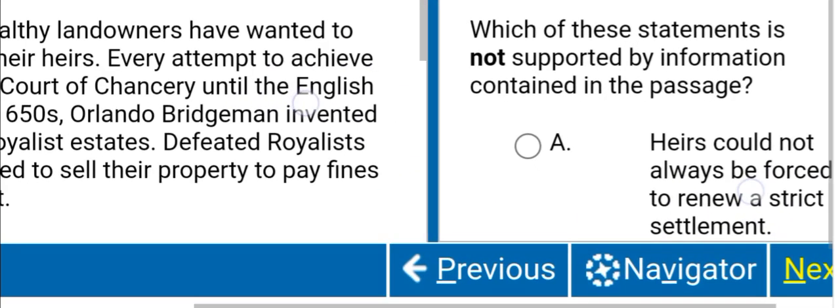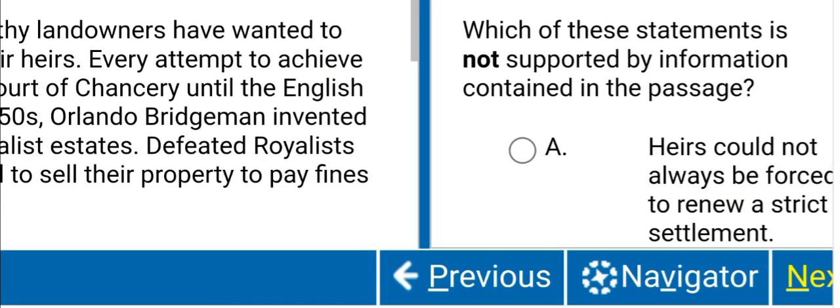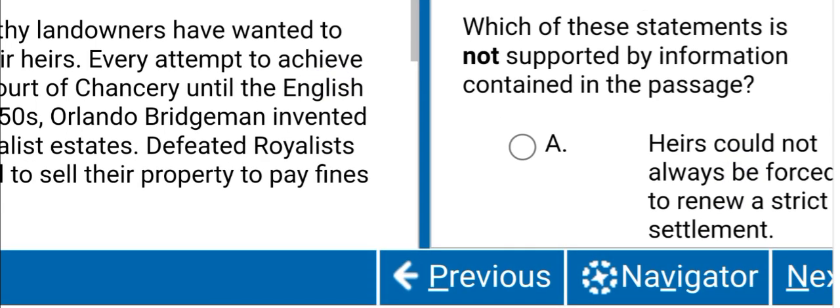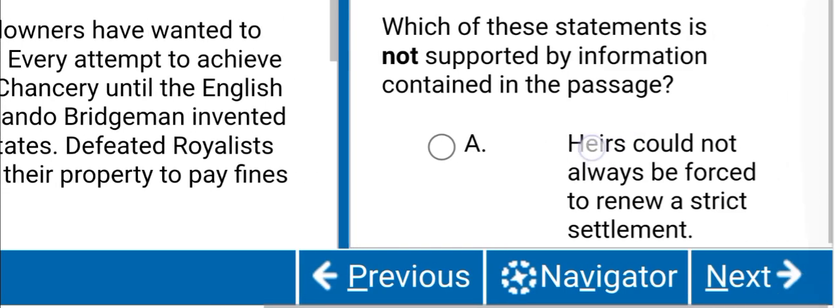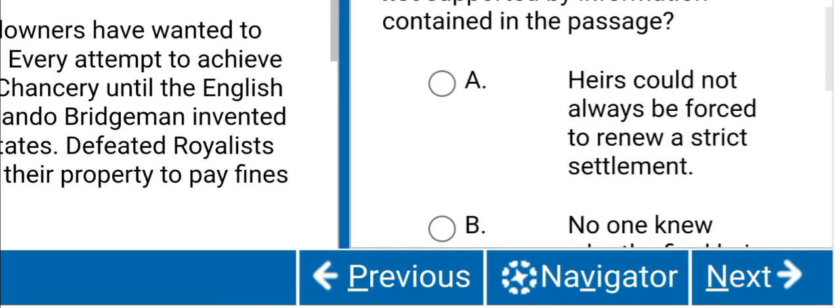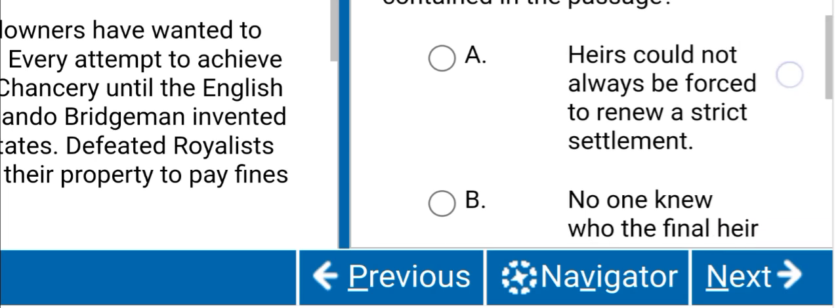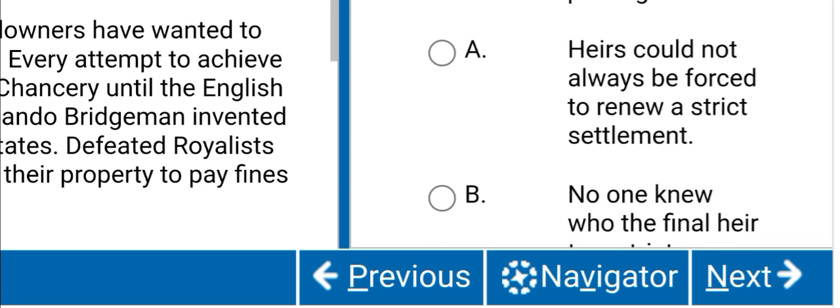The next we have, which of these statements is not supported by information contained in the passage? Option A, Earth could not always be forced to renew a strict settlement.